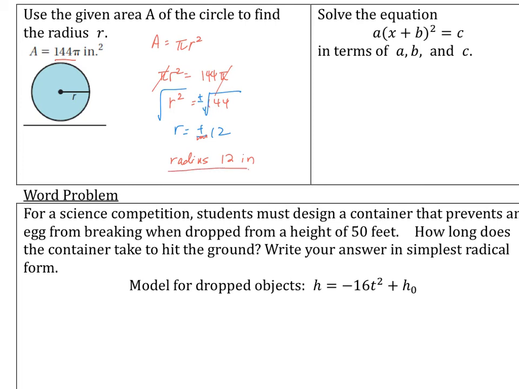Okay, and the next one would be to solve the equation a times (x plus b) squared equals c in terms of a, b, and c. So again, we're trying to solve for x in terms of all the other letters. So I'm going to divide both sides by a.